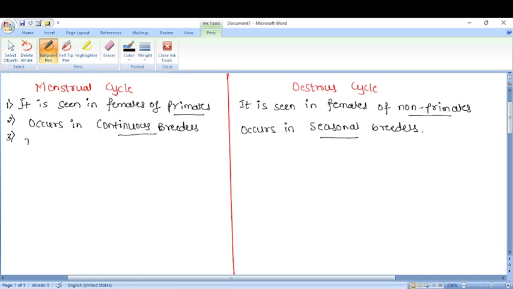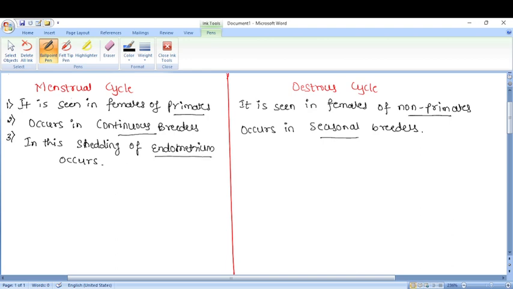In the menstrual cycle, there will be shedding of the endometrium.